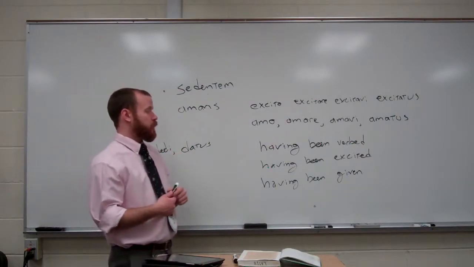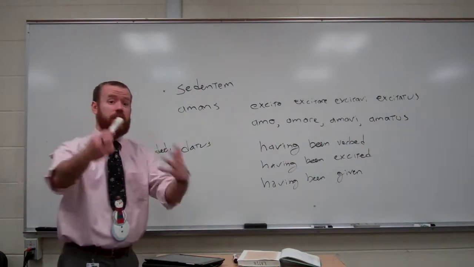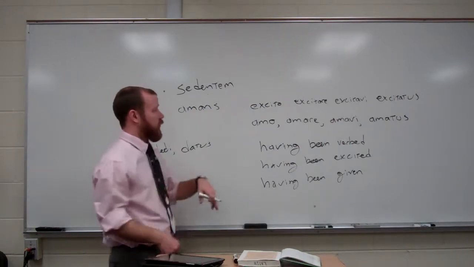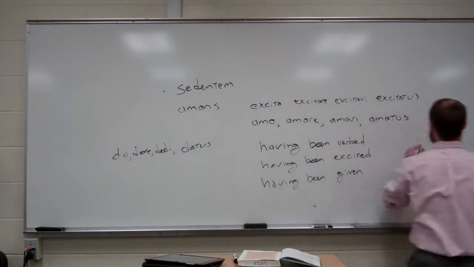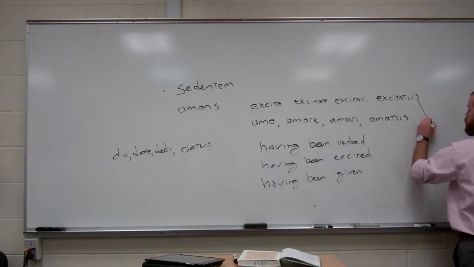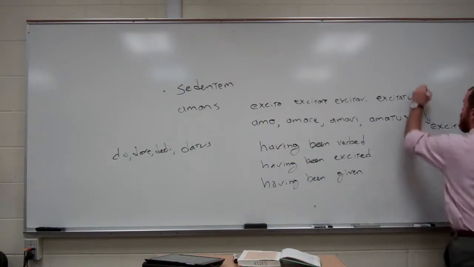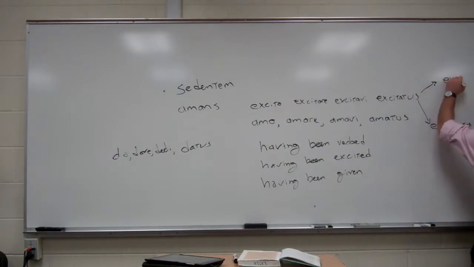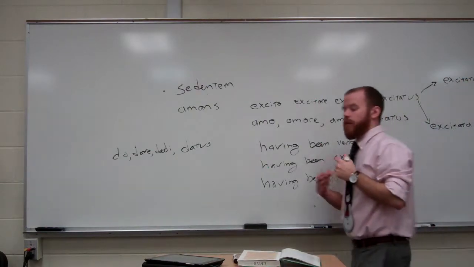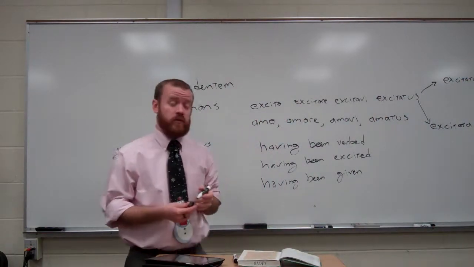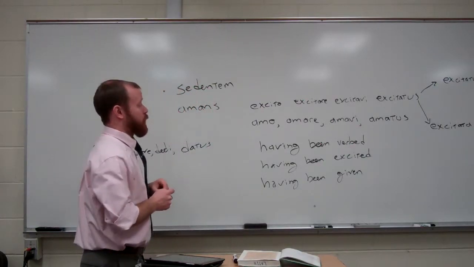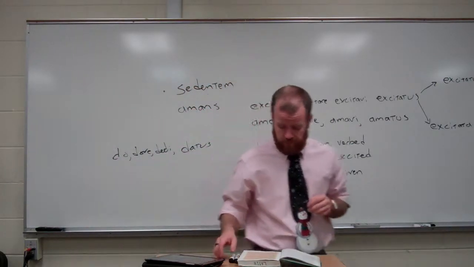So if we wanted to describe something that's feminine with excitatus, we would have to change excitatus to excitata. Or if it was something neuter, excitatum. Alright. So those are the endings that we are going to be using for the perfect passive participle.